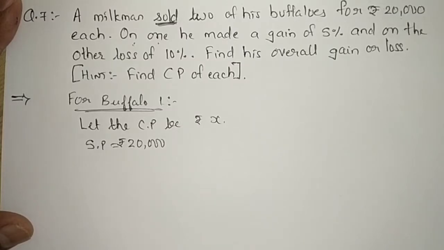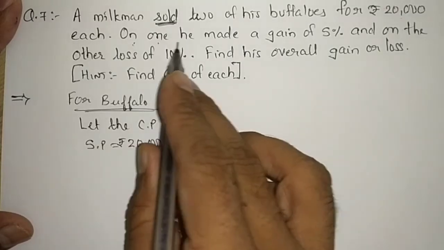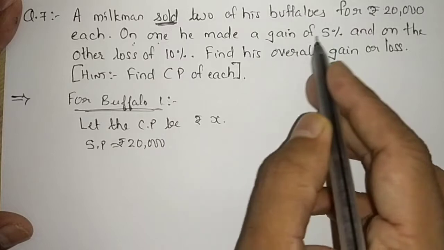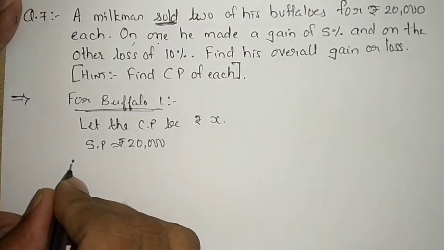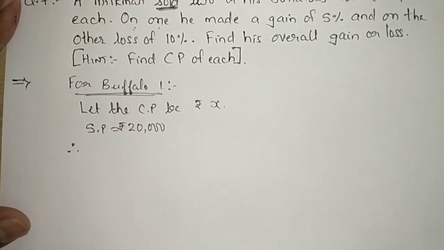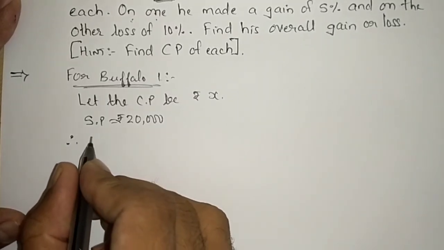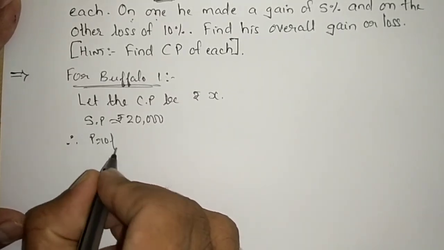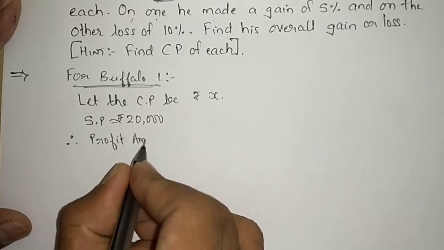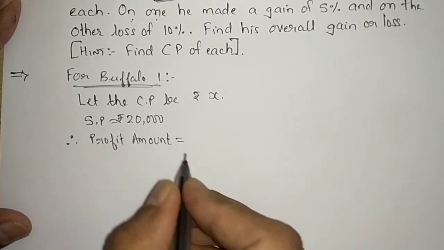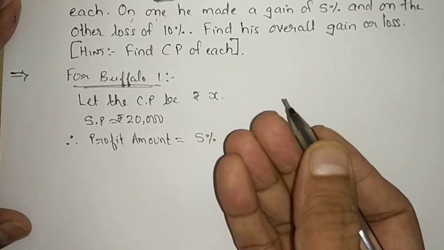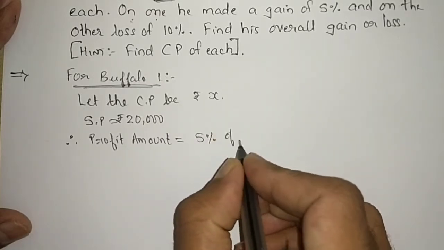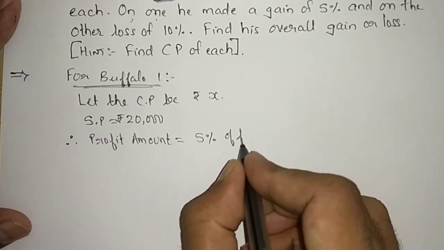Now in the first buffalo he gets the profit of 5%. So since we have a profit of 5%, we can find the profit amount. So profit amount is equal to 5%. 5% of what? Of the total cost, of the cost.